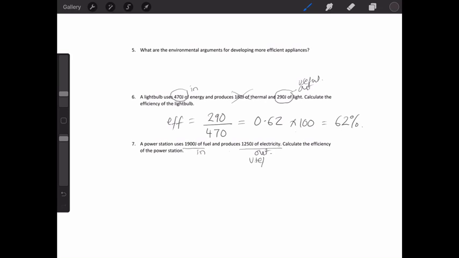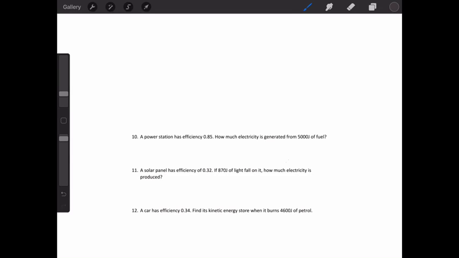It's useful, so we're going to do our useful energy divided by our total energy, and then we can work out the answer on our calculator, which is 0.66, and then times that by 100 to say 66% efficient.